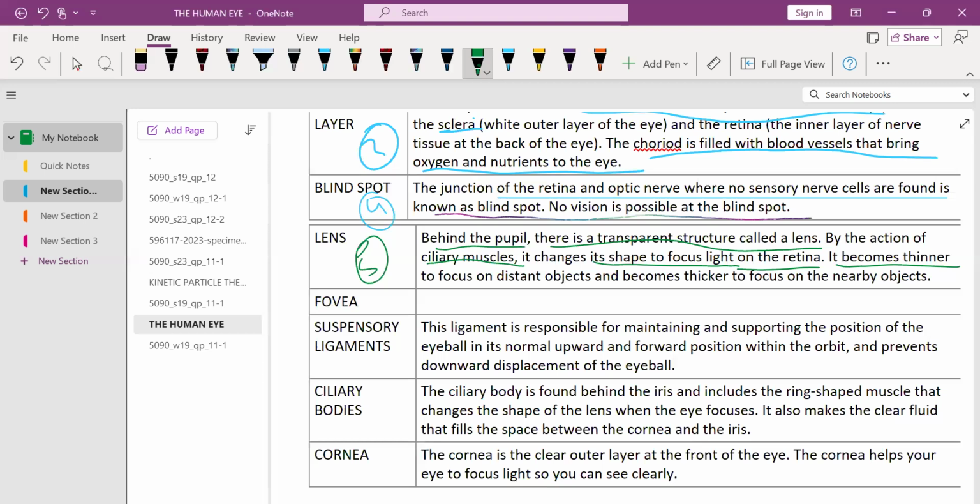It becomes thinner to focus distant objects, and it becomes thicker to focus nearby objects. So remember this: when you look at an object that is away from you, your lens becomes thinner. And when you look at an object that is near to you, your lens becomes thicker.